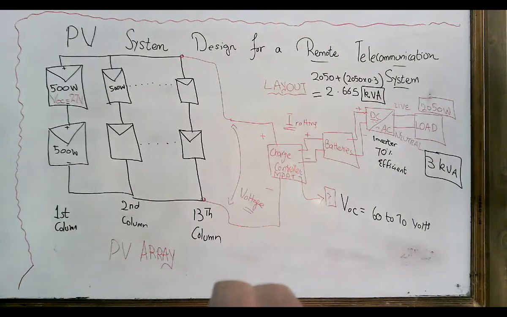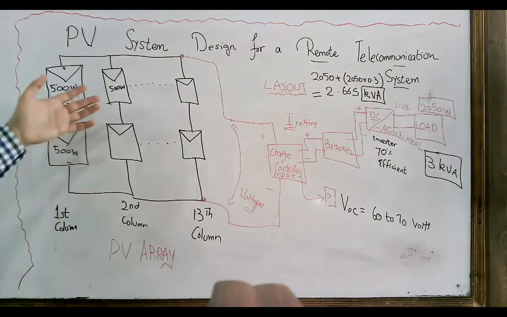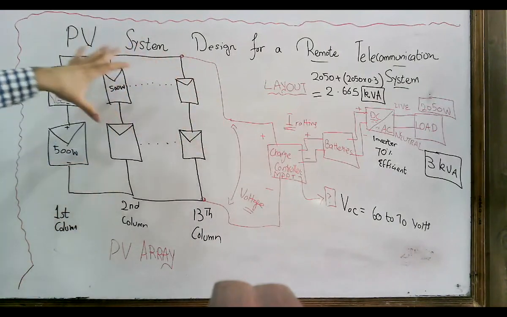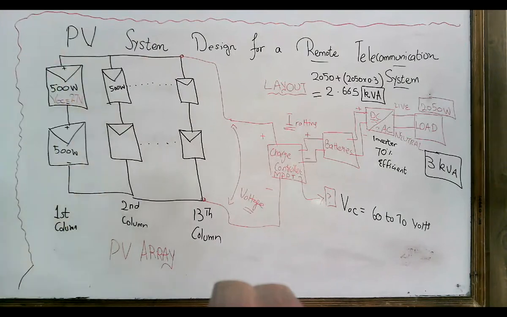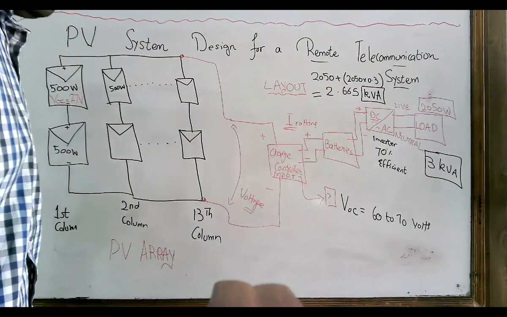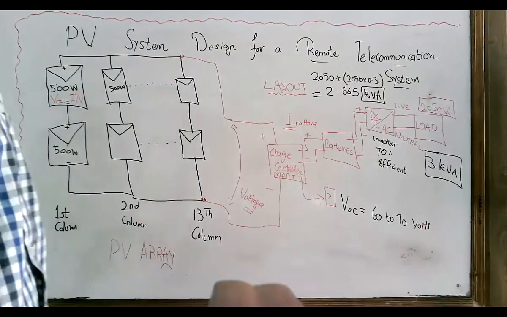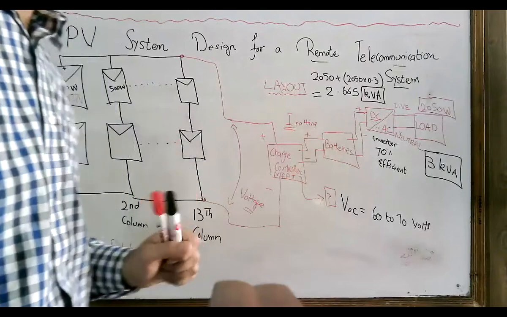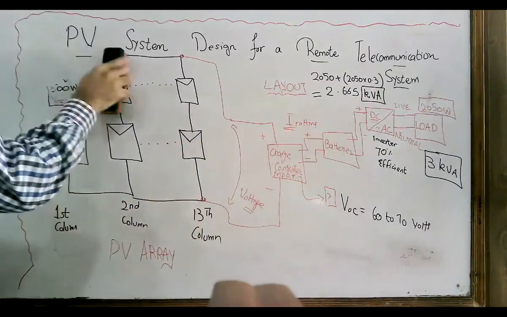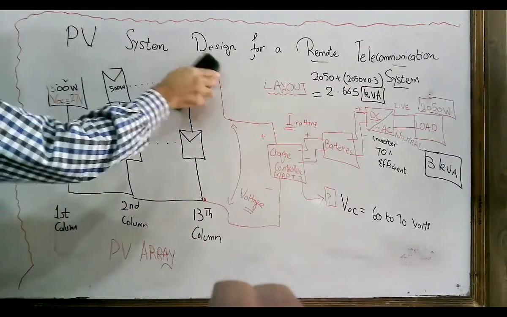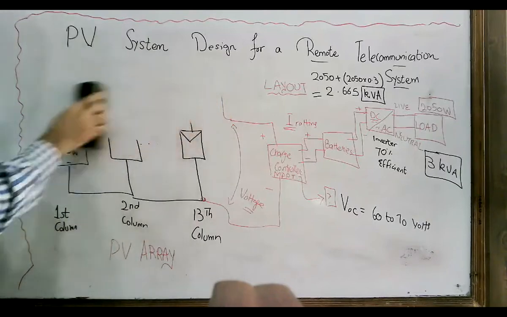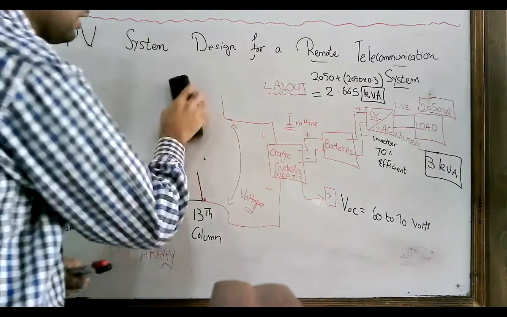Okay, so this is how you calculate it, or this is the idea of how you connect the PV array. Now, one more thing which I have to discuss with you is about the batteries. We just calculated how much energy we have to store in the battery.